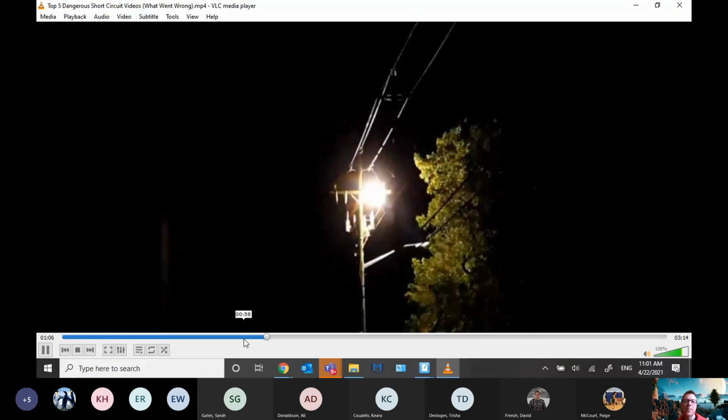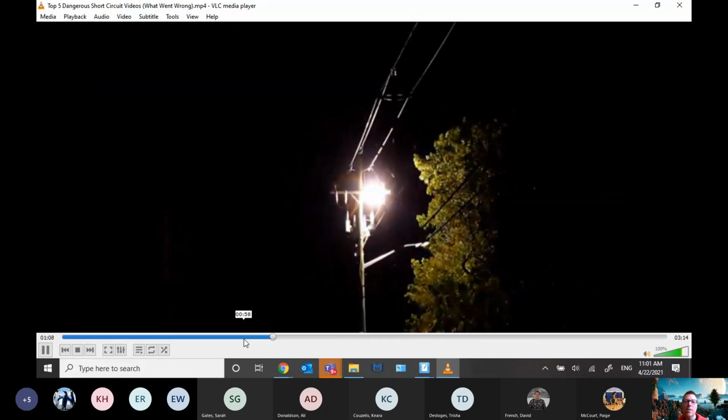Another one here. Eventually it gets super bright. It's like it's daylight out. I can tell it must have been really bright because the video is all dark, right? You see these wires along the side of the road all the time, and they just look so innocent, right?